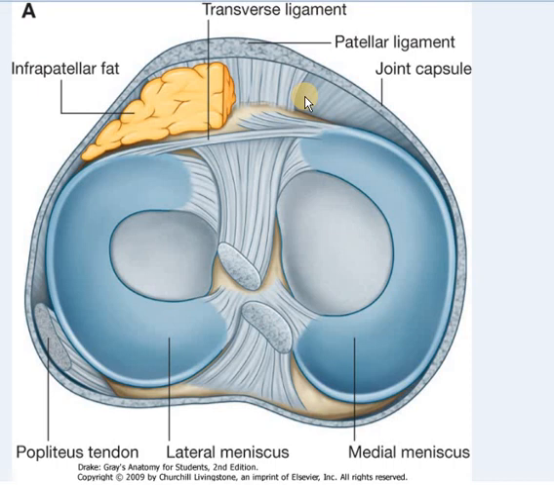If you see the relation of these structures on the superior surface of the tibia, you can see that most anteriorly there is the anterior horn of the medial meniscus. Just behind the anterior horn of the medial meniscus, this structure lies.